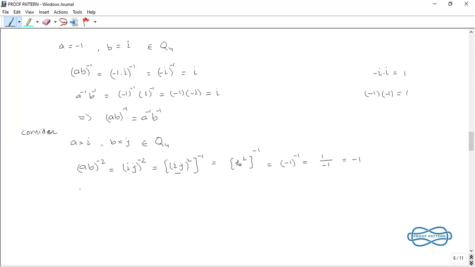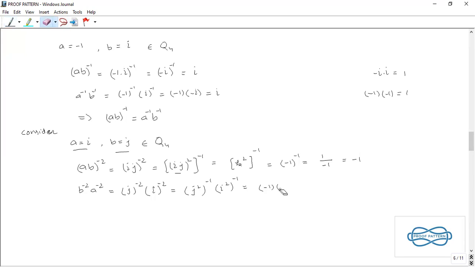And now we consider B to the power minus 2 A to the power minus 2. Because B is j, we get j to the power minus 2, and similarly A is i, so i to the power minus 2. That can be written as (j square) to the power minus 1 times (i square) to the power minus 1, and j square is minus 1 and i square is minus 1.